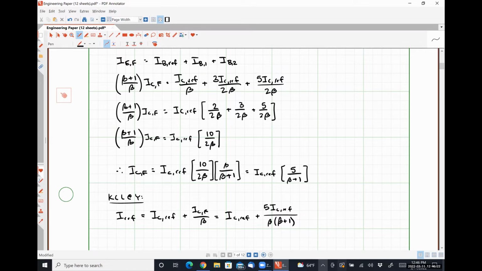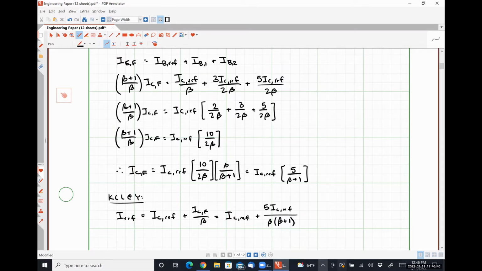Let's check my algebra. All I've done is simply substituted it in for ICF and then divided by a factor of beta. So I have 5 divided by beta plus 1, and then the 1 over beta comes from here. So I don't think I screwed that up.